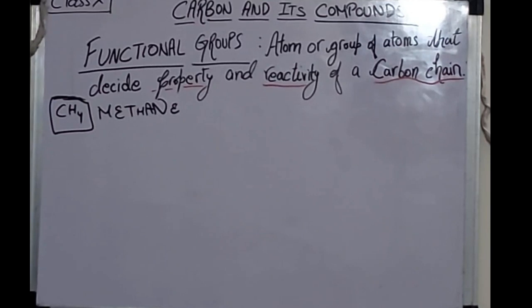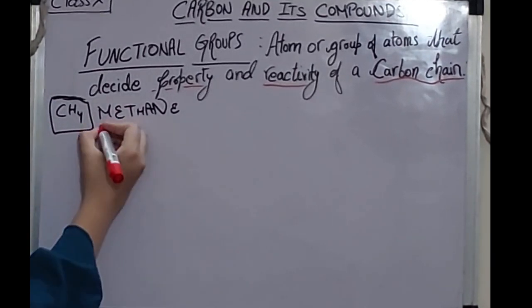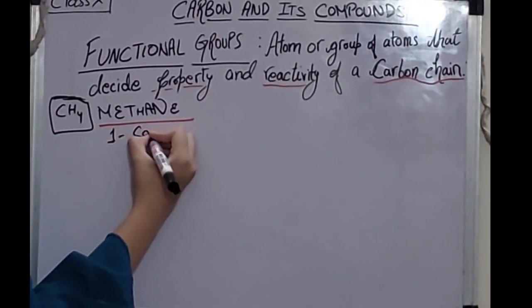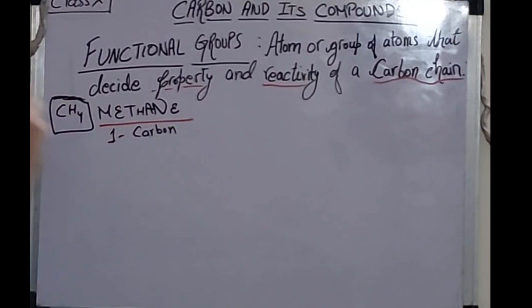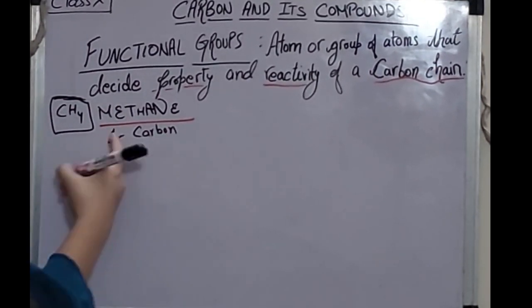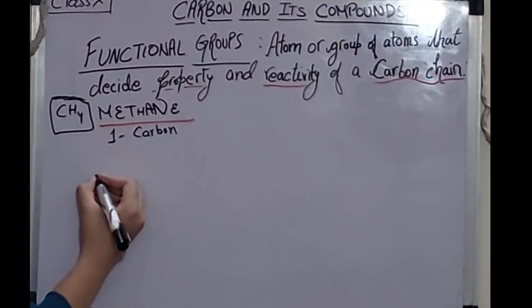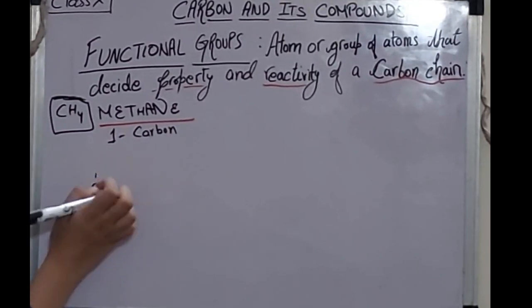Just a second. Let me get my 2 markers ready. Methane means that I have 1 carbon, right? And I told you that even if you don't know how many hydrogens, you can just work it out. 1 carbon, so it will have 4 valencies.